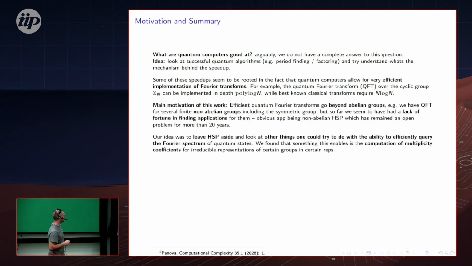So what we tried to do in this work was leave HSP aside and see what other things we can do with the ability to query the non-abelian quantum Fourier spectrum of quantum states. We find that something it very naturally allows you to do is compute multiplicity coefficients of irreducible representations in certain group representations.